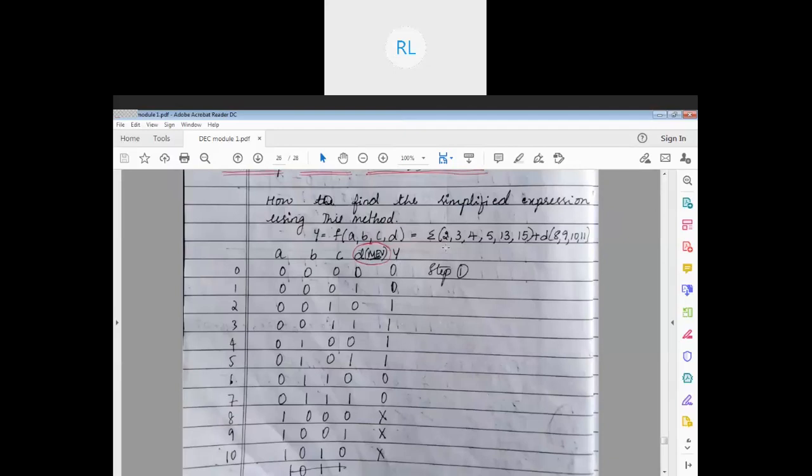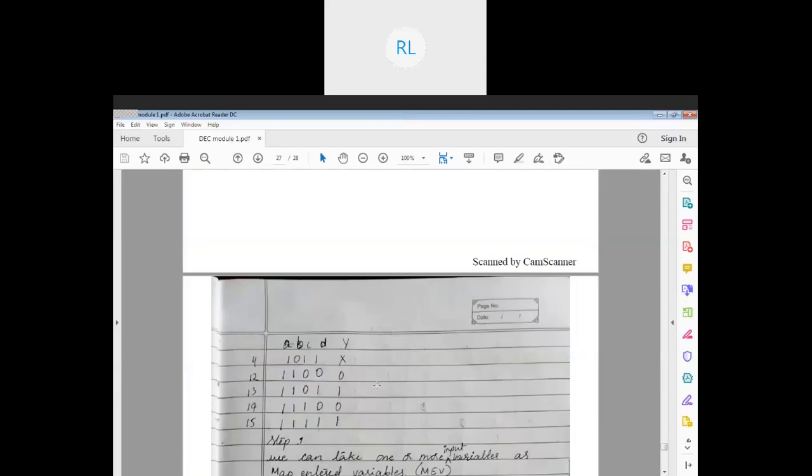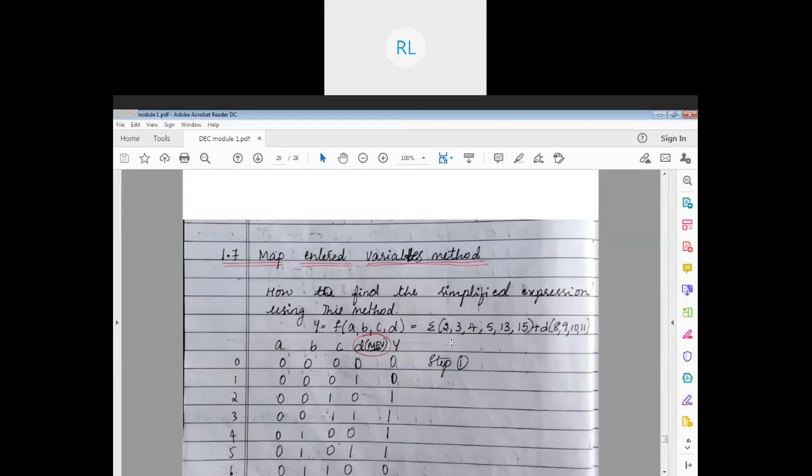Now the function y is going to be our output, so this is where I'm going to give my high ones. Wherever it is 2, this is my 2. For simplicity I have even written it on the left hand side. So 2 is high, 3 is high, 4 is high, similarly 5, and then I come to 13 and 15.